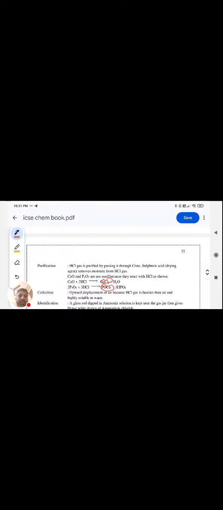That means they will consume HCl gas, and you will not be able to collect it. So that's why it is necessary to use only concentrated sulfuric acid as a drying agent, because sulfuric acid just removes the moisture but does not react with HCl, or consume HCl gas.